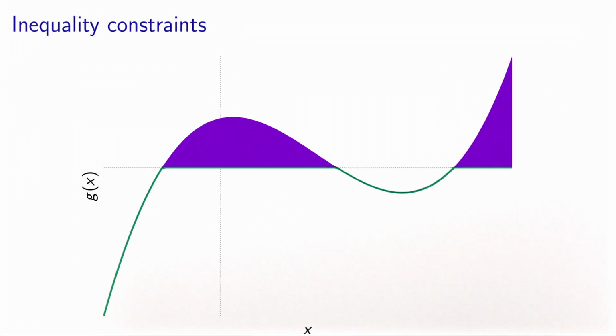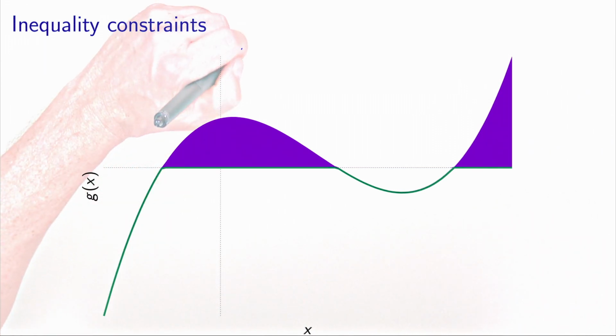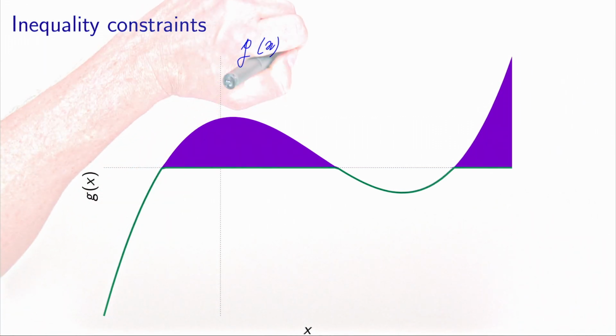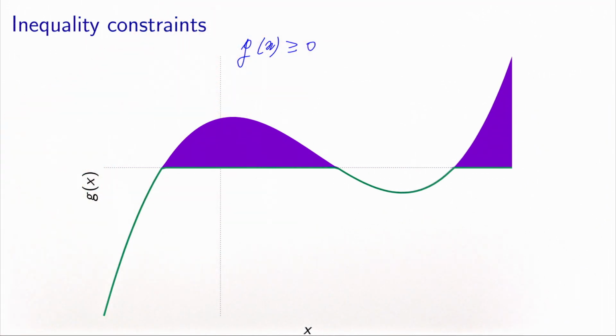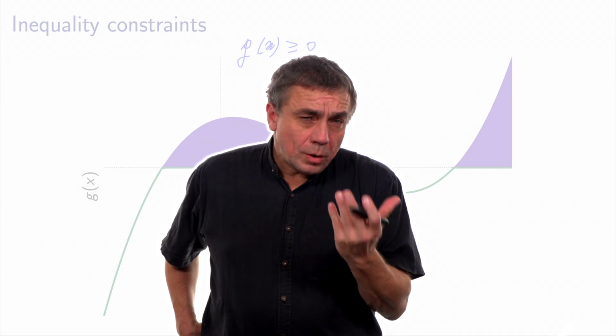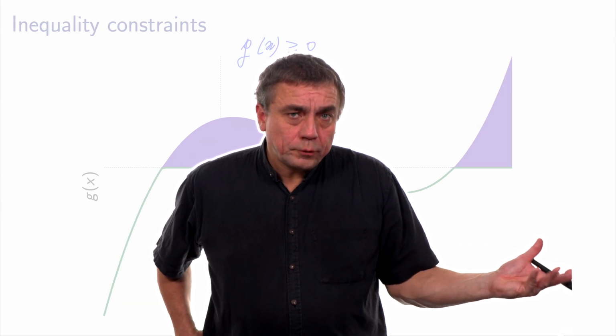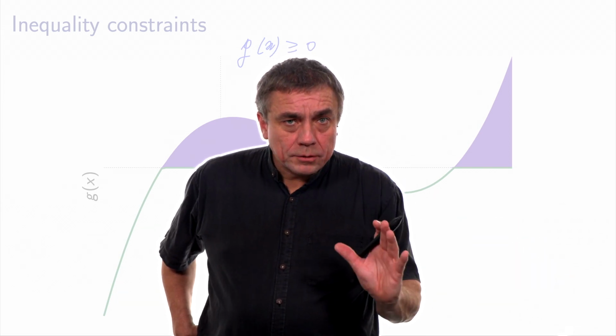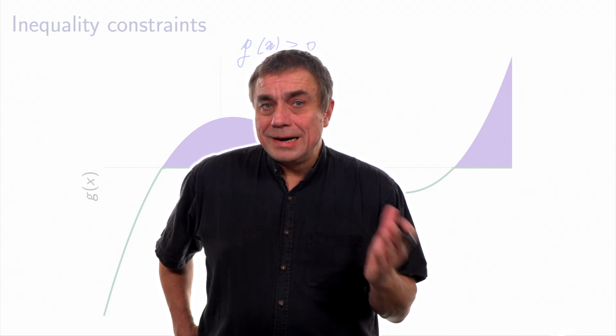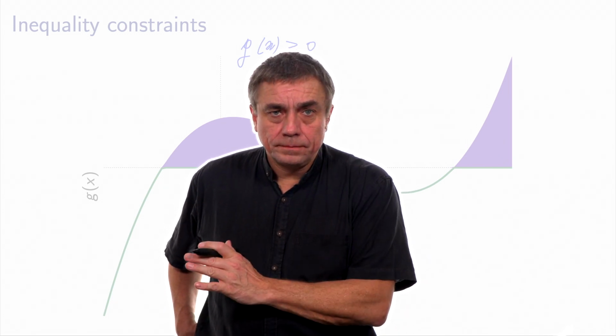Now suppose that I have an inequality constraint that is g of x greater or equal to 0. So it means that the set of x that are feasible are the ones corresponding to this part in blue, so this section here and this section here, because for these values, the value of g of x is positive. But now assume that the optimization software that I'm using requires that all inequality constraints are less or equal.